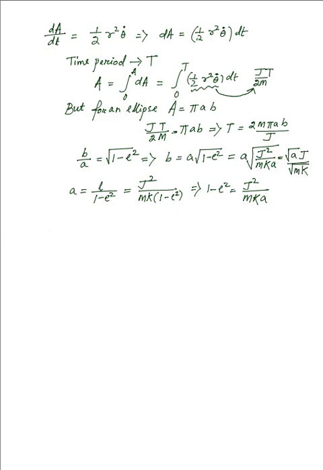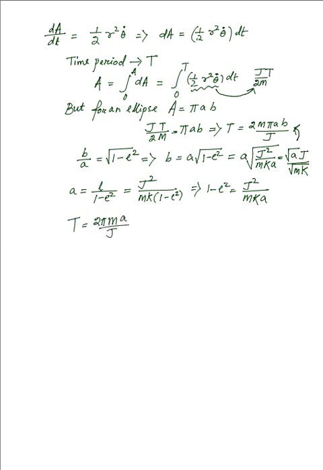We'll use this expression for the time period that we had obtained for T, this one. So for T, we get T equal to 2 pi m a b divided by j.